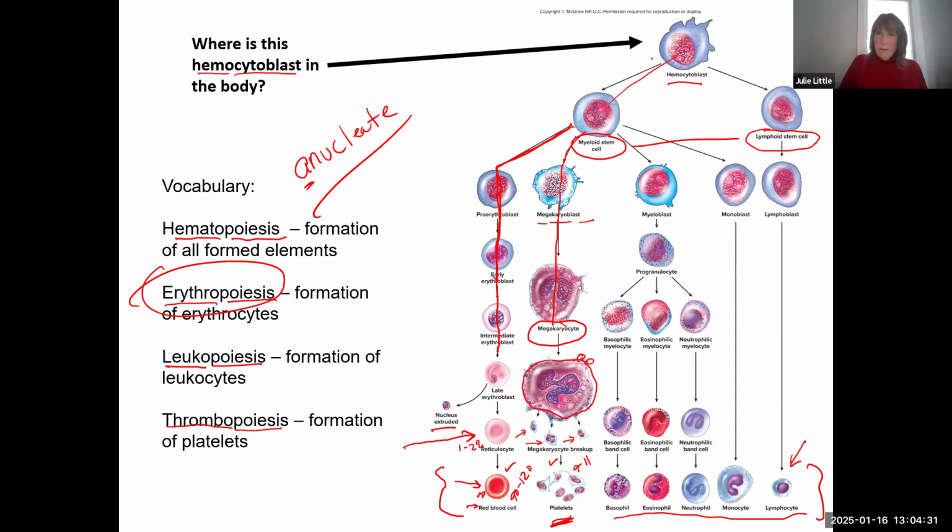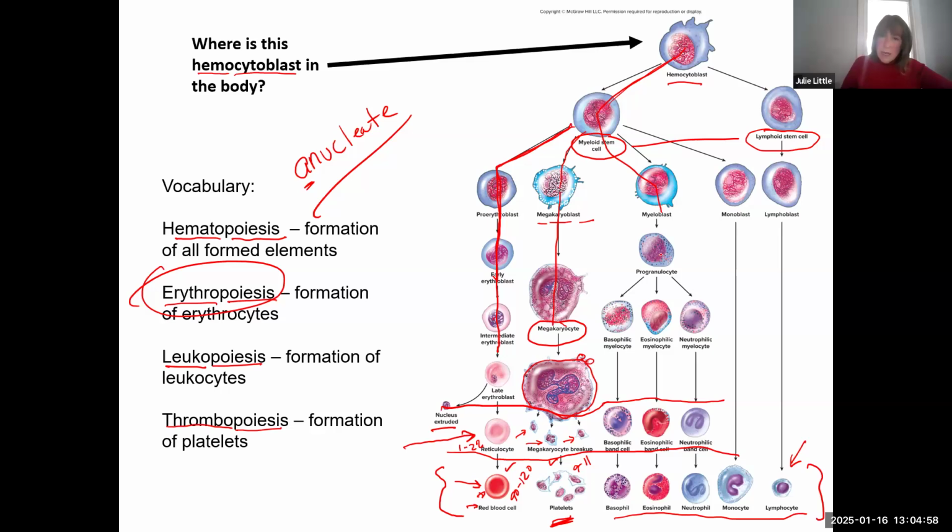If we go from the hemocytoblast to a myeloid stem cell, and then we go down this pathway, then we're going to produce all kinds of different types of white blood cells. And these are the white blood cells that are entering into the bloodstream. Everything on this row is entering into the bloodstream in a little immature form, and then within days or hours, it becomes mature.